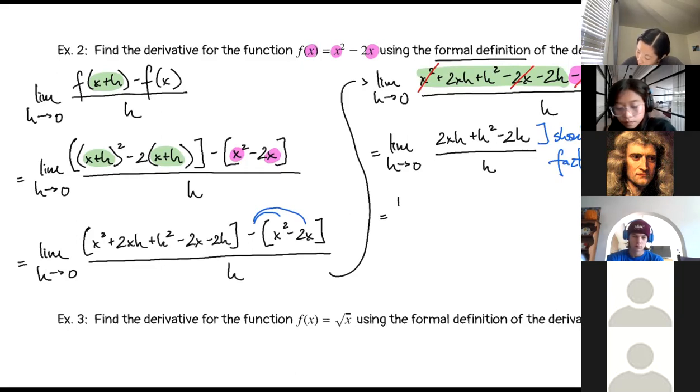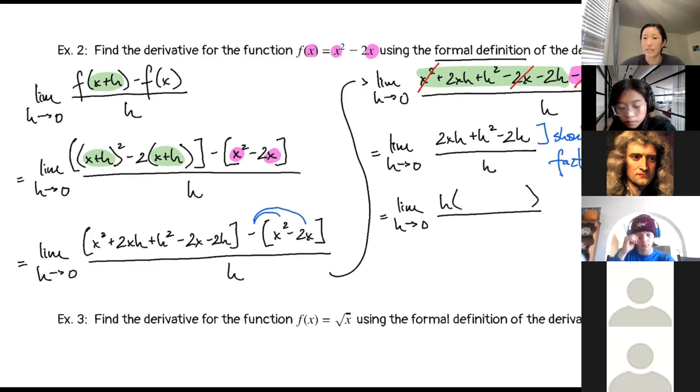Then we have the limit as h approaches 0. When I factor out the h on the top, what do I have left inside the parentheses? (2x plus h minus 2).